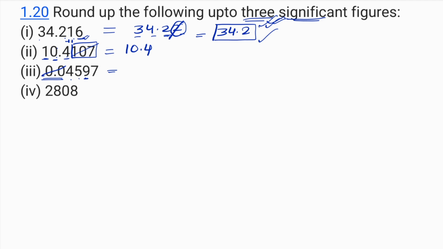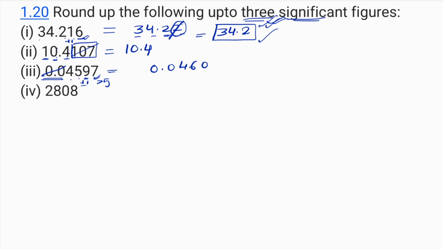This particular number is greater than 5, so 1 should be added to the number which is on the left hand side, and it becomes 0.059 plus 1 is 60, so it's going to be 60.